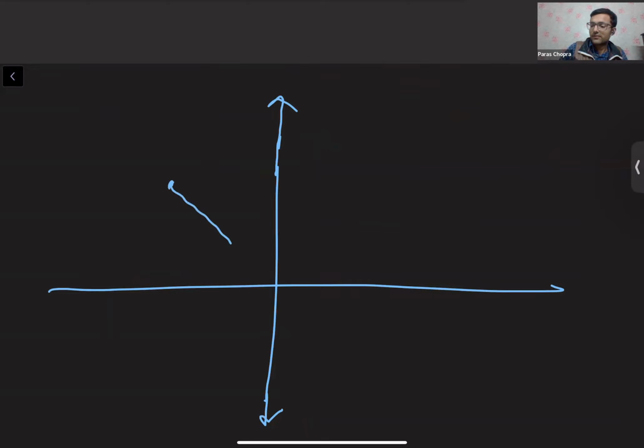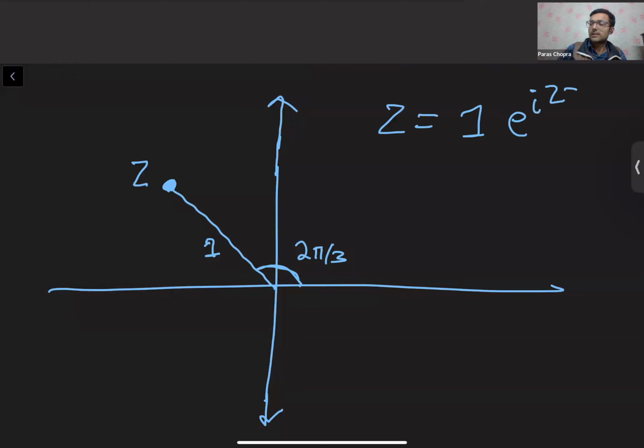So if this angle is 2 pi/3 and this magnitude is 1, what will this complex number represent? Will be equal to 1 e to the power I 2 pi by 3. अगर हम z क्यूब कर दें, what will you get?